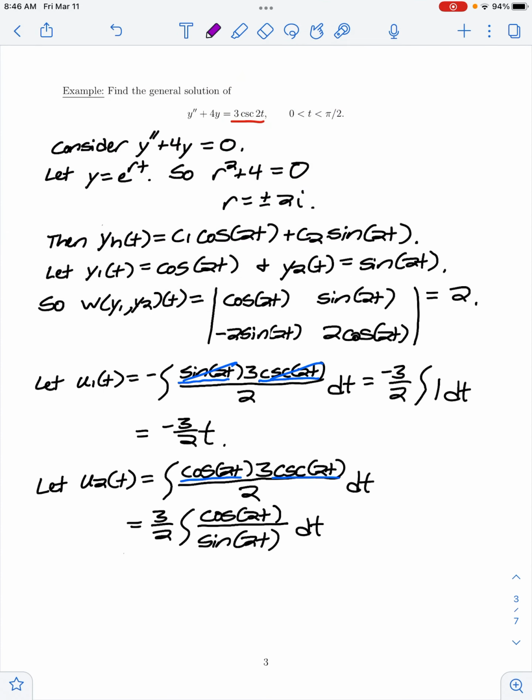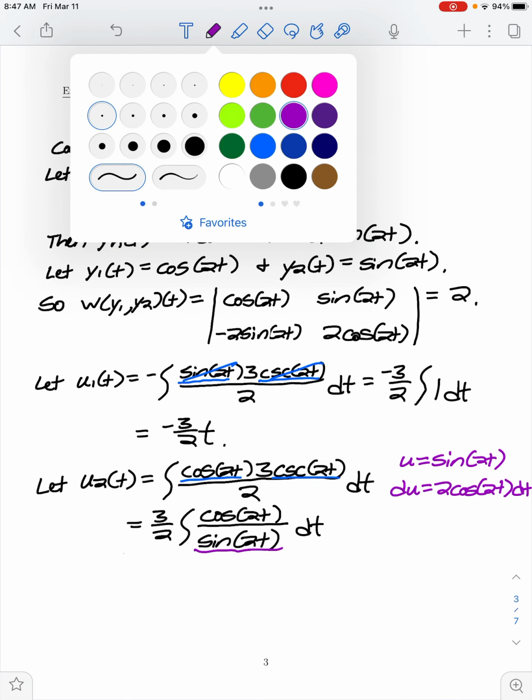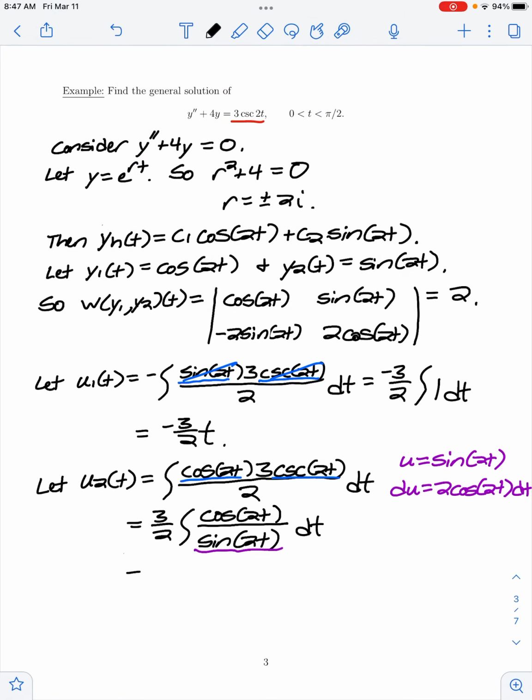So here, to evaluate this integral, we could make use of a substitution. Let's say u is our denominator, sine of 2t, so that du would be 2 cosine of 2t dt. And making this substitution, we can rewrite our integral as 3/4 the integral of 1 over u du.